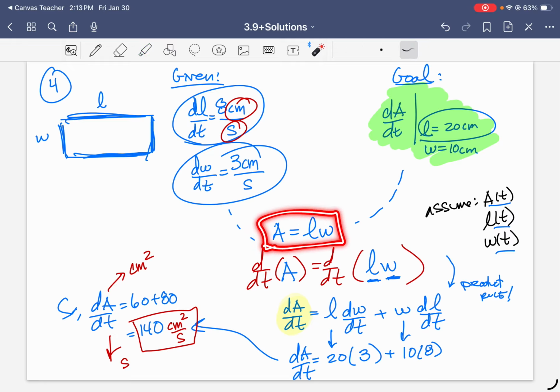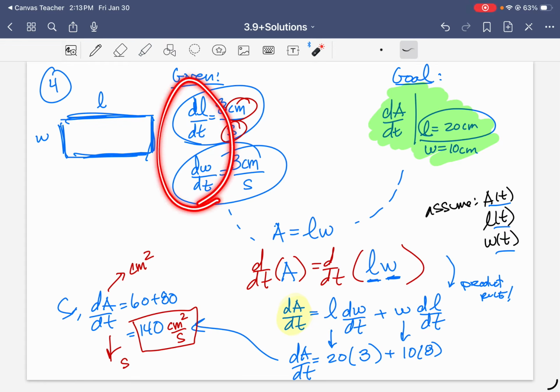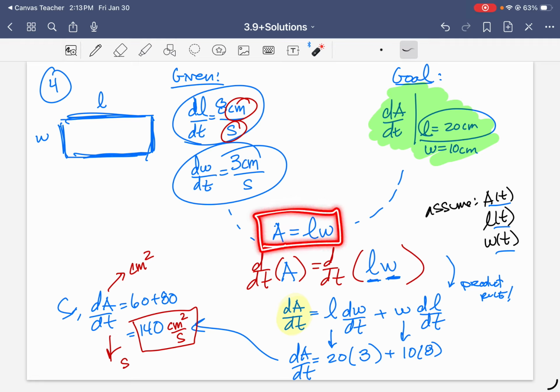So first I need a relationship that will help me relate these rates and these rates. So first I find related variables. And here I'm assuming that each one of these is a function of time, so that when I take the derivative with respect to time, none of them are constant. This is what that turns out to be, and this is the product rule: first derivative second, second derivative first.